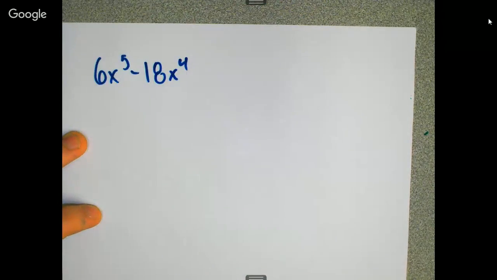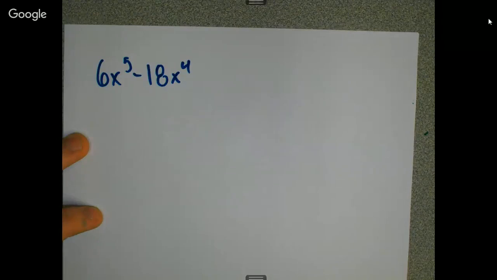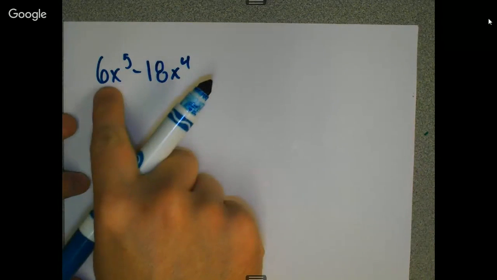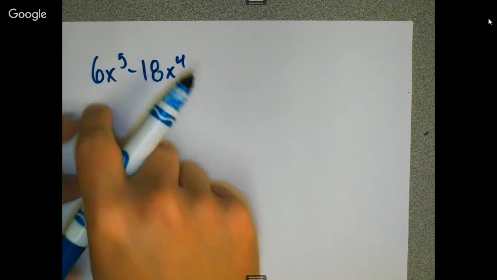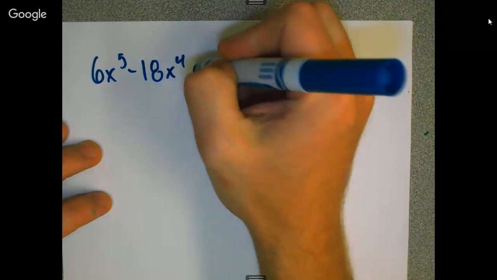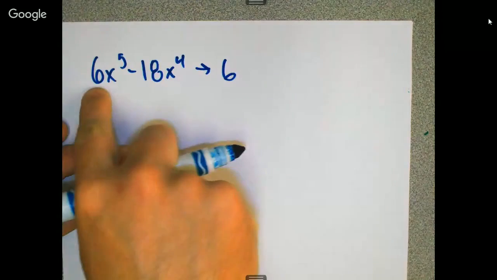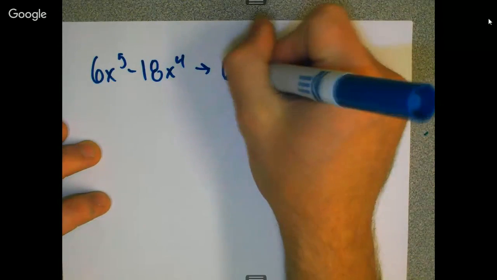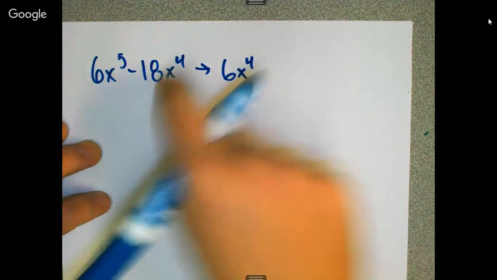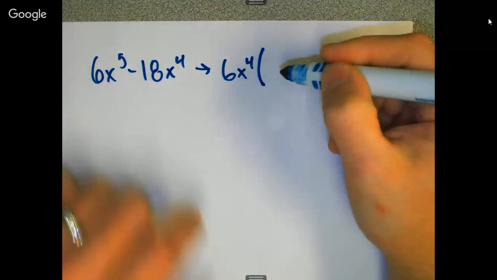Okay, so if I look here at this problem, I'm trying to see what goes into both of these equally. Okay, and we will say 6 will go into 6 and it will go into 18, and x to the 4th will also go into both of those. So I factor that out, and I figure out what is left.